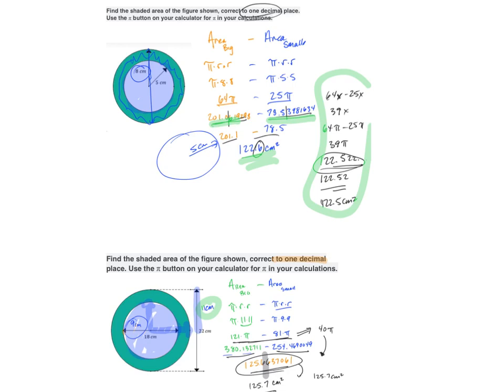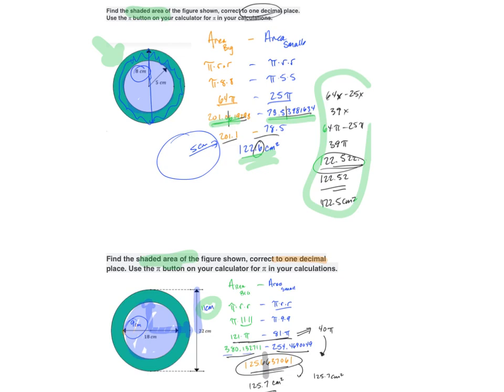If they gave us the diameters and we have to find the areas, which they told us they wanted us to find here, the first thing we have to do is figure out what the radius is. If they gave us the radius like they did in this problem, well, then we don't have to work that hard. And so you have to be able to discern between did they give you the radius or did they give you the diameter?